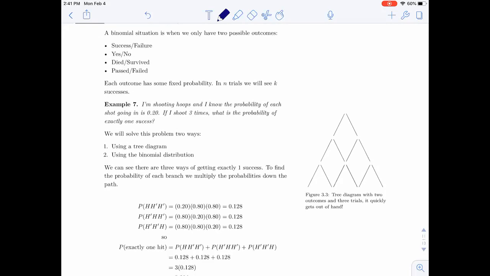So, a lot of new terminology in this section. That's why I don't like it very much. This doesn't serve us that well later on. But what we're going to end up talking about is the number of trials.